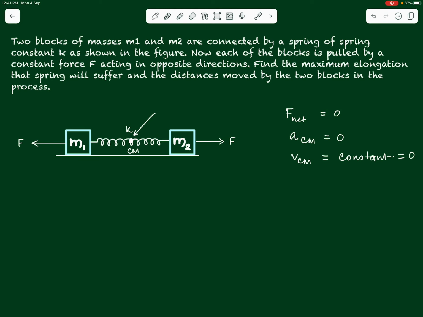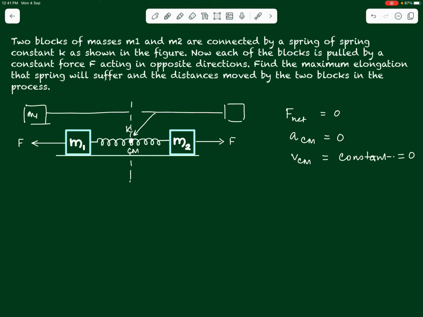So the center of mass of this system is not going to go anywhere as the blocks move under the effect of the external forces. Do we understand that if we look for the case where the spring comes to its maximum elongation state, that will be the state when, the center of mass being here itself, the blocks have moved certain distances over here and over here?